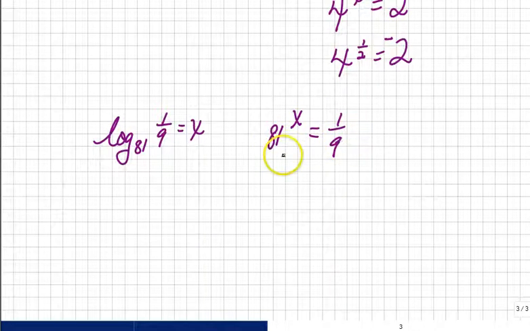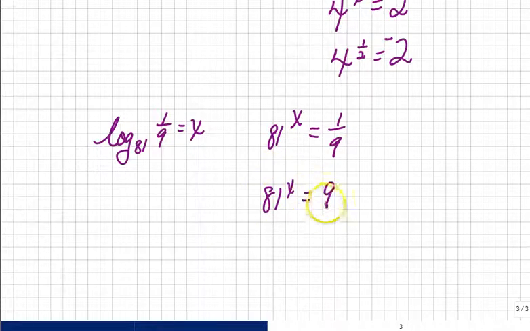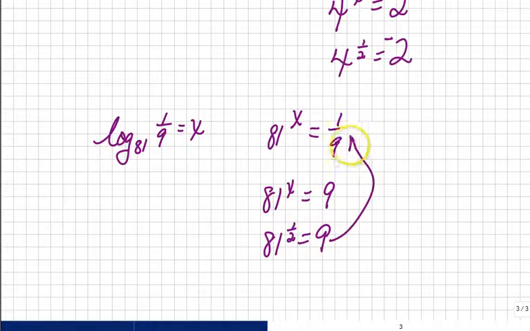Well, pretending the 1's not there, think about it as this: 81 to what power is 9? Well, 9 is smaller than 81, so that means it's a root, and 9 is the square root. So it would be 81 to the 1/2. That would equal 9. But the answer we're trying to get up here is 1/9, so that means our power must be negative because it's reciprocated to get 1/9. So our final answer is x equals -1/2.